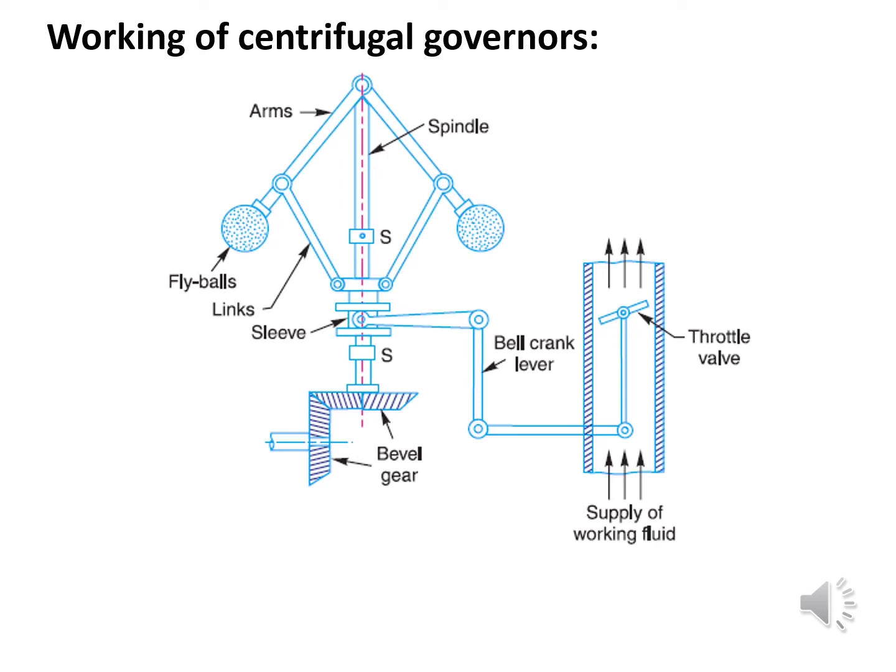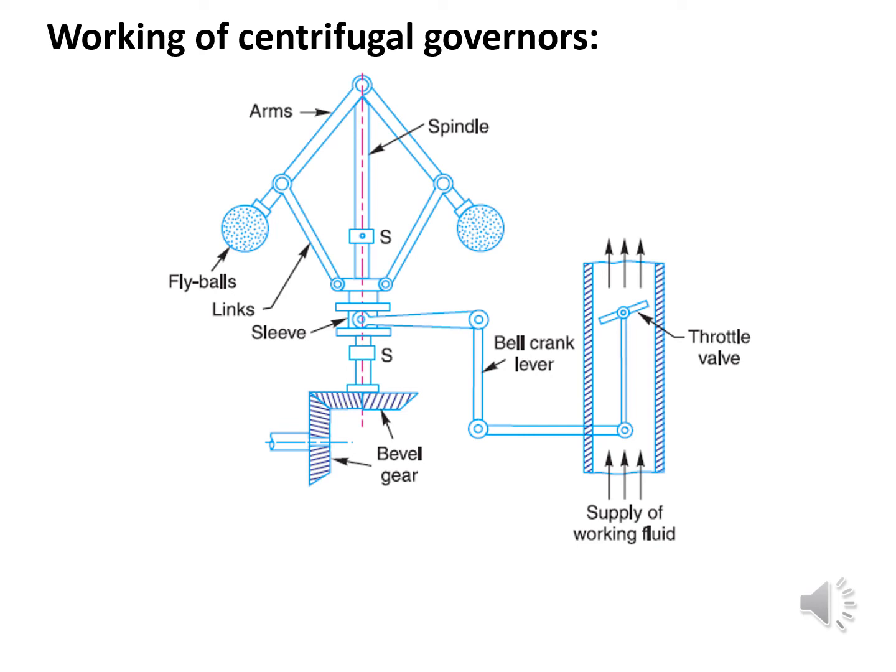The balls revolve with a spindle which is driven by an engine through bevel gears. The upper ends of the arms are pivoted to the spindle so that the balls may rise up or fall down as they revolve about the vertical axis.